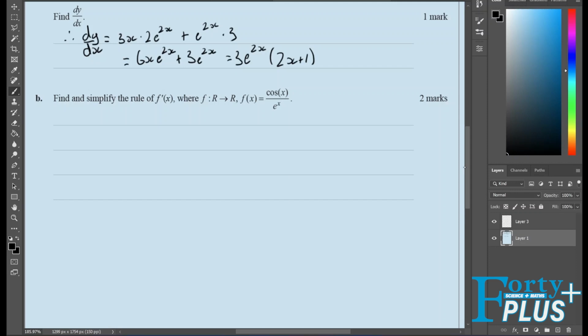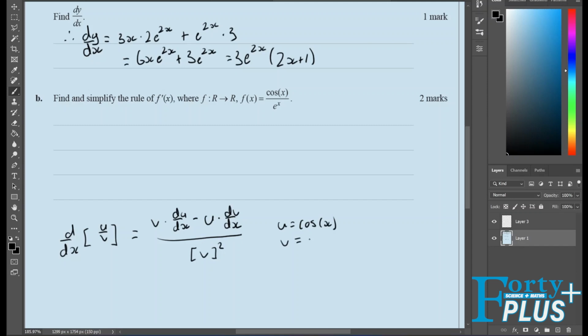So for this question, we're going to be using the quotient rule, which states that the derivative of u over v is v times du/dx minus u times dv/dx all over v squared. So let's work this out. In this scenario, u is going to be cos x and v is going to be e to the x.